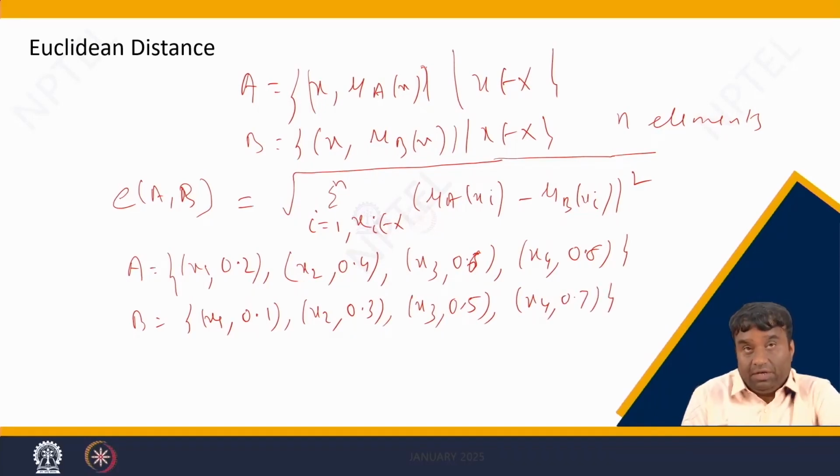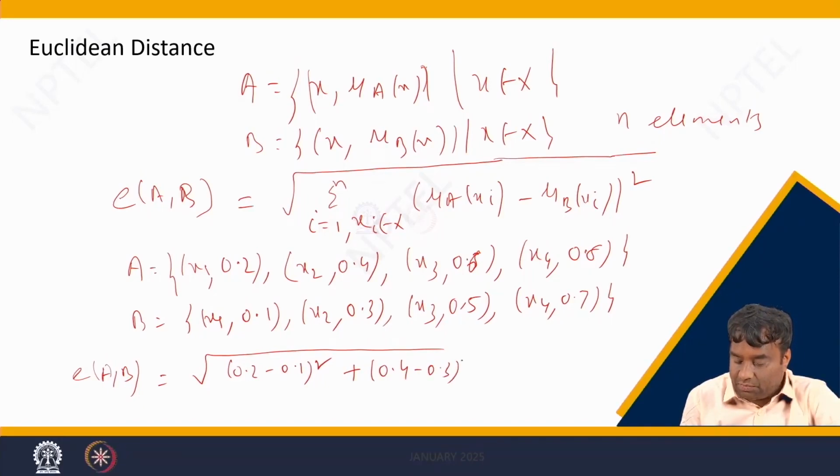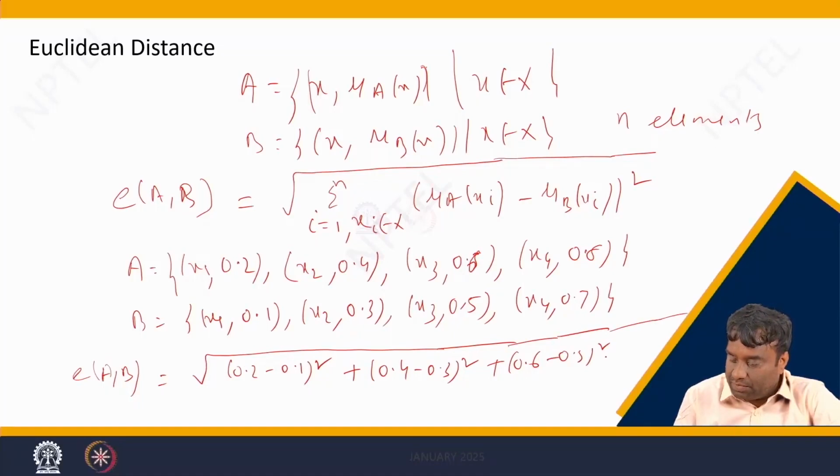The Euclidean distance of these two fuzzy sets E(A,B) is the square root of 0.2 minus 0.1 whole square, plus 0.4 minus 0.3 whole square, plus 0.6 minus 0.5 whole square, plus 0.8 minus 0.7 whole square.